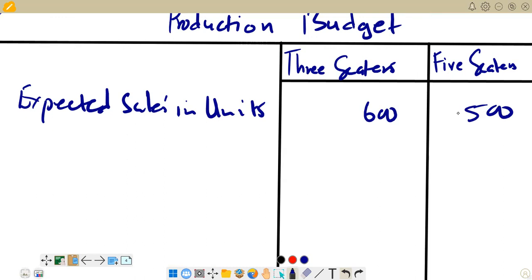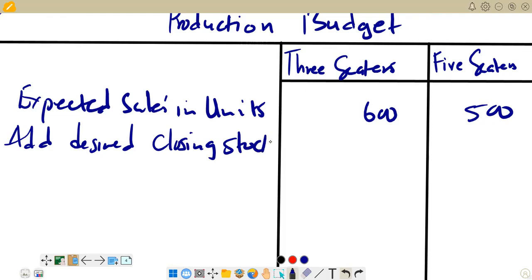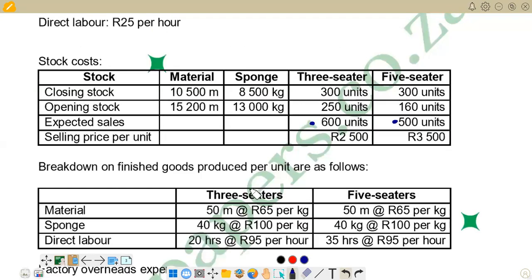Remember, we are saying sales plus closing stock. Then we add desired closing stock. So for closing stock again, we go and check what we have in terms of our closing stock. We are given it here, and we can see that we've got 300 units for 3-seater and 300 units again for 5-seater.